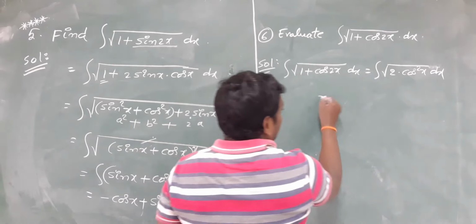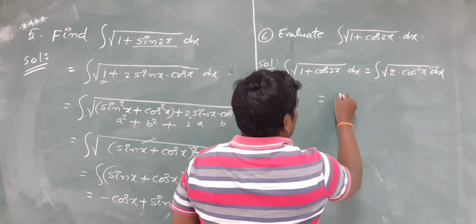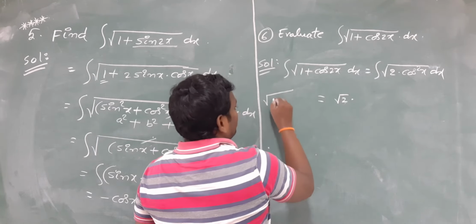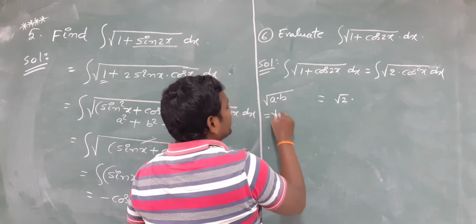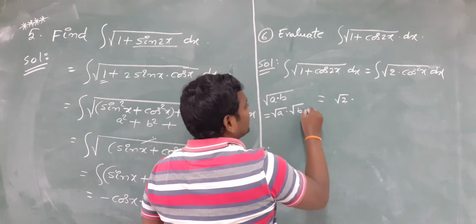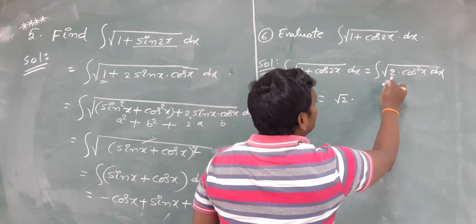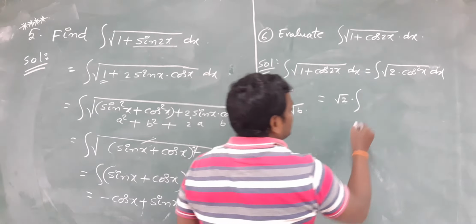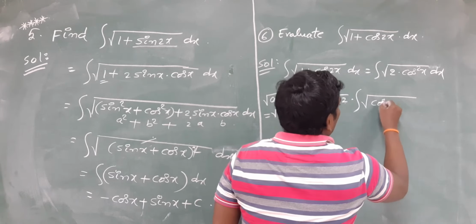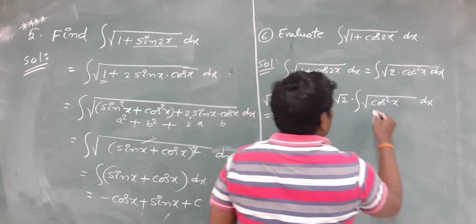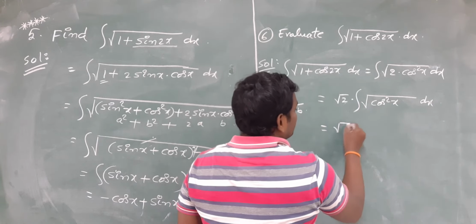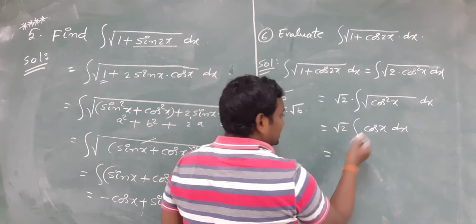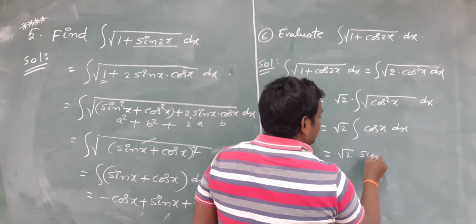Now root 2 is the constant term, take it outside the integration. Of course, you know very well, if there is root ab, then you can separate it into root a into root b. That's why this can be written as root 2 into root of cos square x. Root 2 is the constant term, take it outside the integration, and the remaining term is root over cos square x dx. Root and square get cancelled, so simply you have cos x dx. What is the integration of cos x? Sin x.